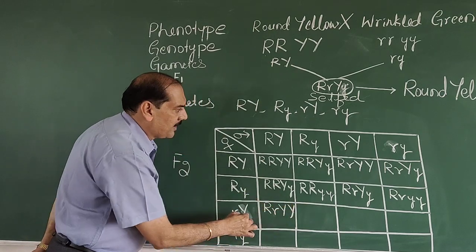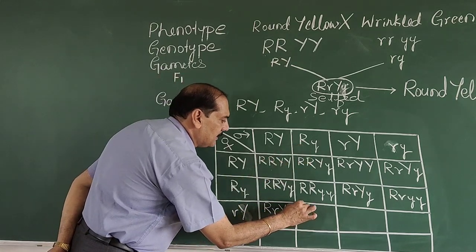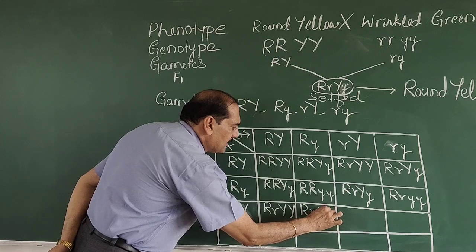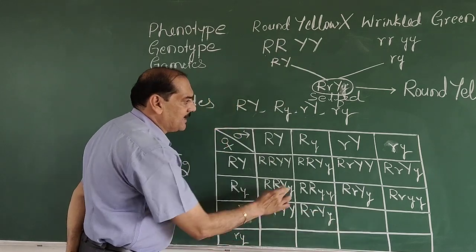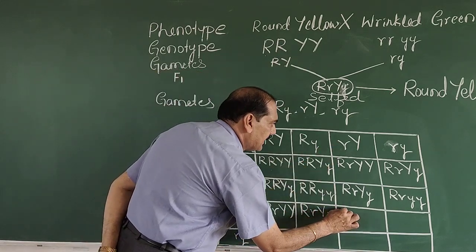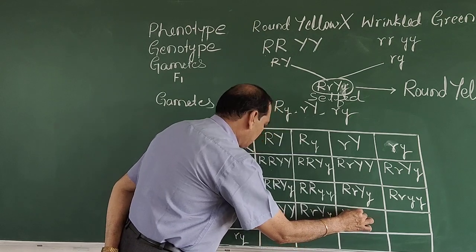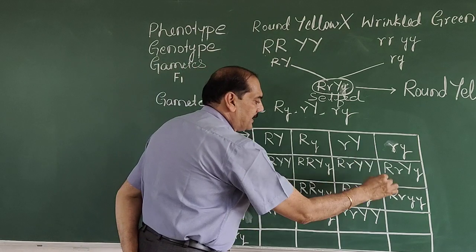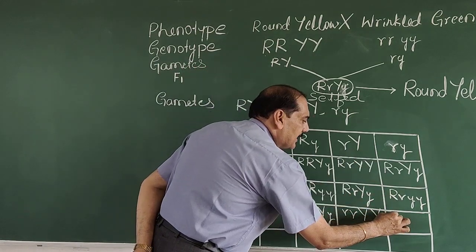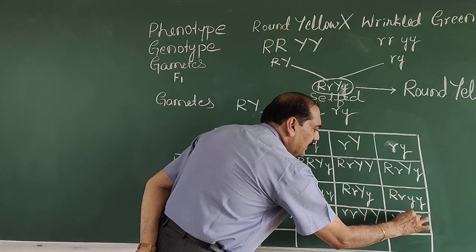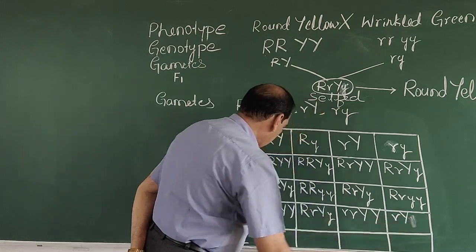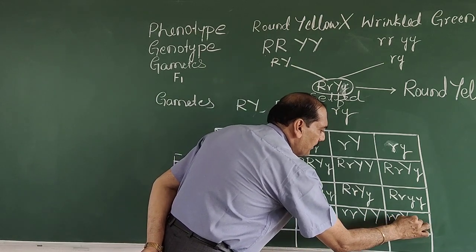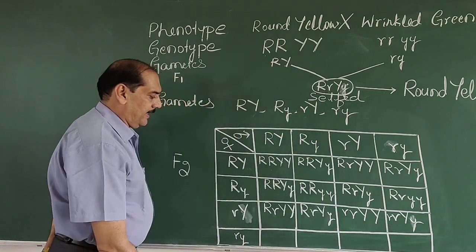When these 2 gametes fused, the capital R, capital Y, small y. When these two gametes fused, here small r, big Y. When these two gametes fused, here it is small r, big Y, small y.